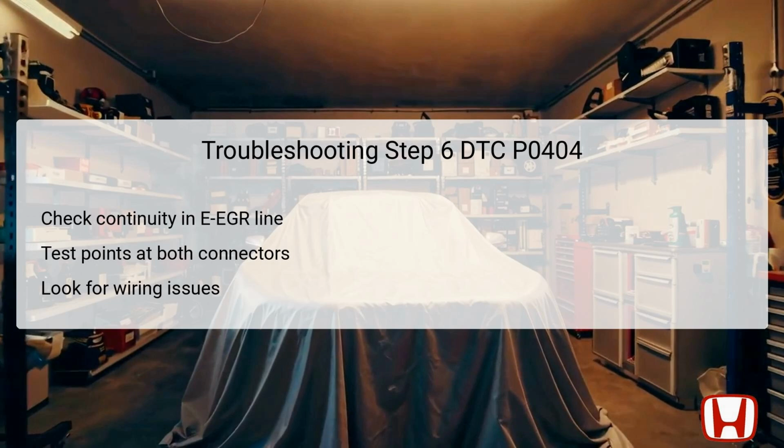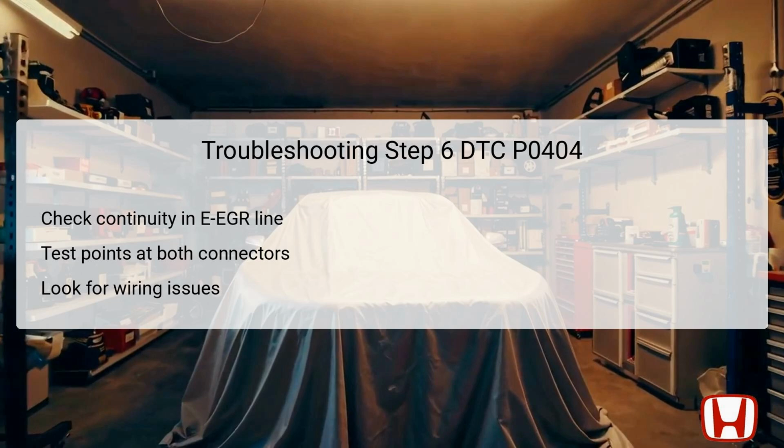Ensure the vehicle is off lock mode, with both the EGR valve 5P connector and the PCM connector C51P disconnected. Measure continuity between test point 1 at number 5 of the EGR valve connector and test point 2 at number 4 of the PCM connector.